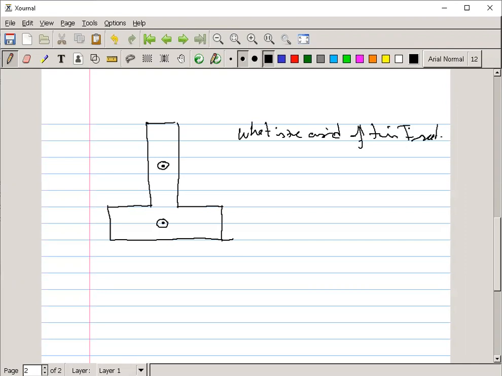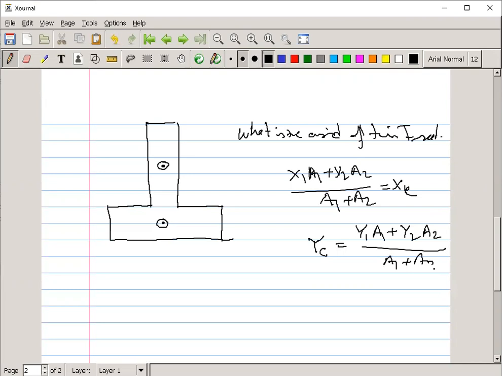How can we find it out? You remember the centroid formula? XC equals X1 A1 plus X2 A2 divided by A1 plus A2, and for YC, Y1 A1 plus Y2 A2 by A1 plus A2. I already discussed this with you in the beginning.